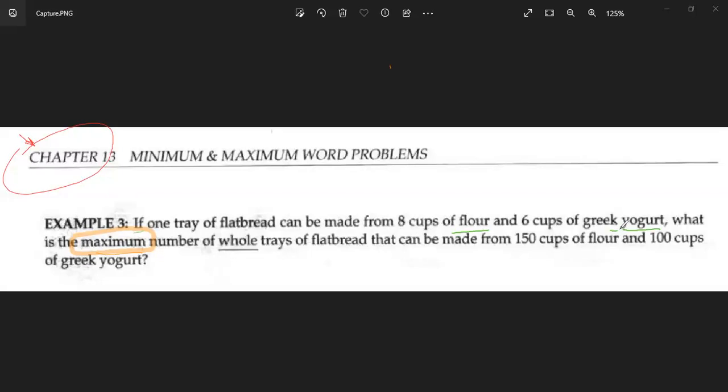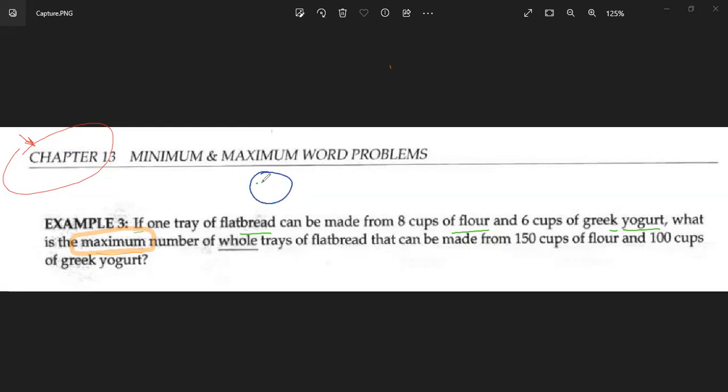So we have a recipe here, a scale to make one flatbread. I will draw and solve it very slowly to understand it. If you understand it, it will not take time when you solve it by yourself.